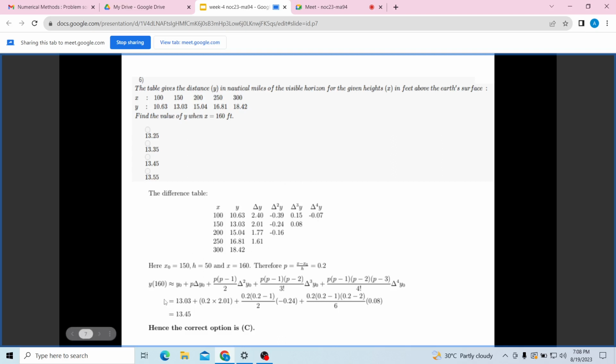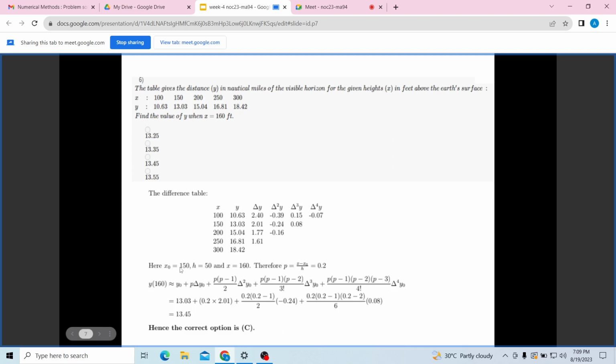Now using the forward difference interpolation method, here x naught is what? 150, it should be 100, right? Sorry, it's a mistake.